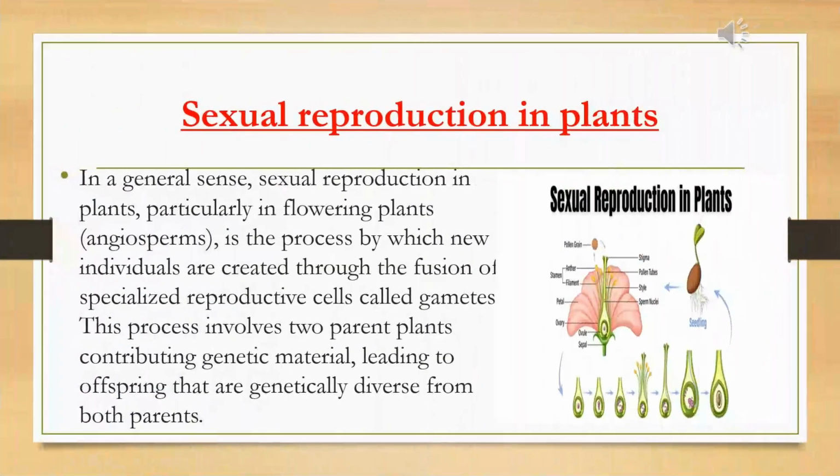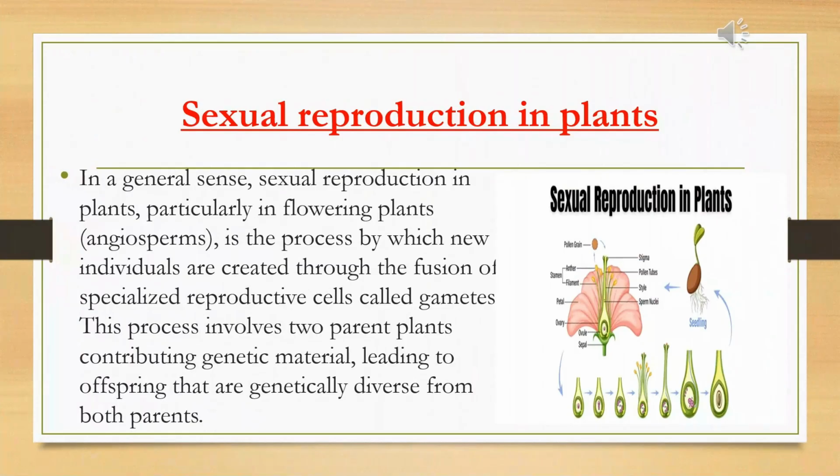Sexual reproduction in plants. In a general sense, sexual reproduction in plants, particularly in flowering plants called angiosperms, is a process by which new individuals are created through the fusion of specialized reproductive cells called gametes.